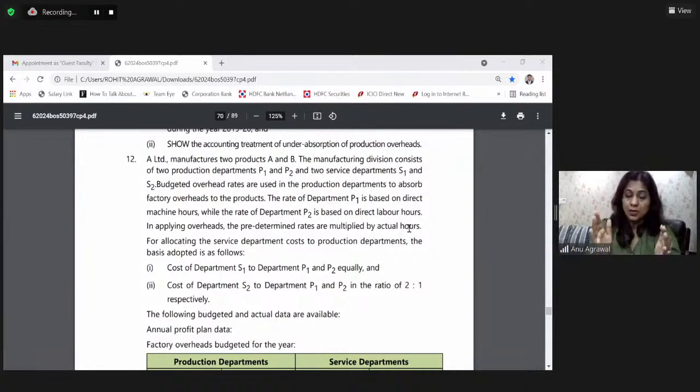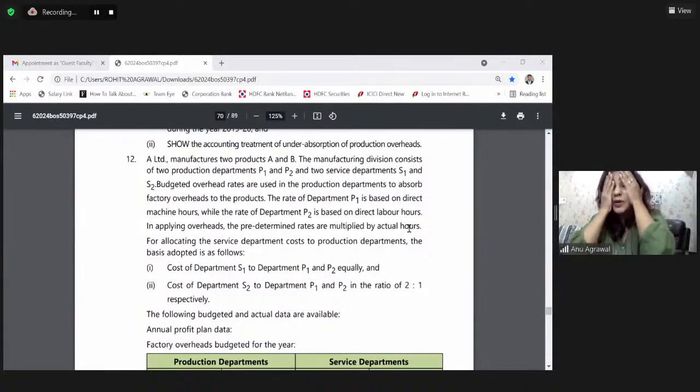Ma'am, what is the difference between machine hour rate and comprehensive rate? Guys, comprehensive rate means you are not making a difference between setting up time and running time. You may have a different absorption rate for setting up time, because setup hours will also be considered in the denominator, as they will be normal. Now I'll be absorbing overheads on setup hours also, right?